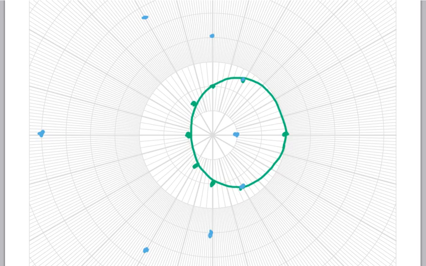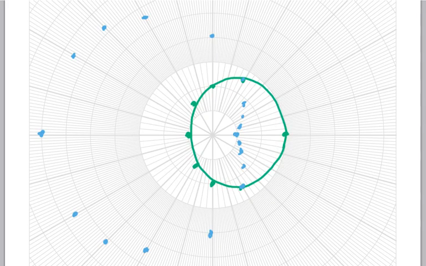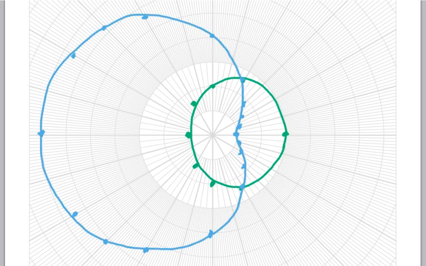Now, you may want some more points, so feel free to go back into the first quadrant and the second quadrant and plot a few more points to get a better grasp for the shape. So go ahead and try to compute those, and we'll check our work together in 3, 2, 1, and there we are. These are the r's that go with these thetas, and this is what it looks like when we plot those guys and their mirror images. And we get a curve that actually looks pretty nice.